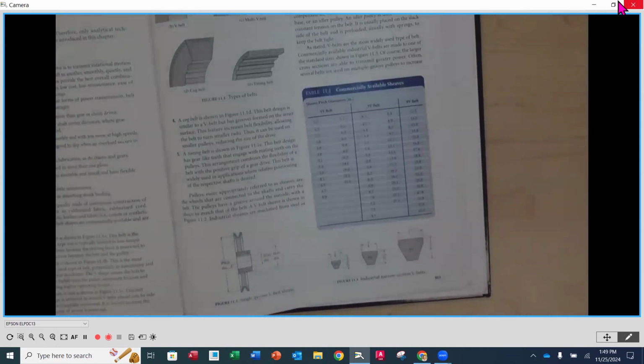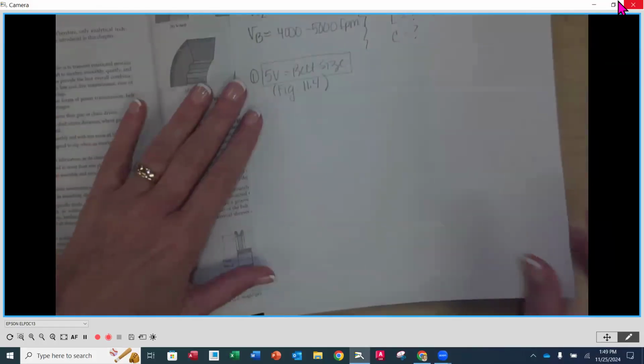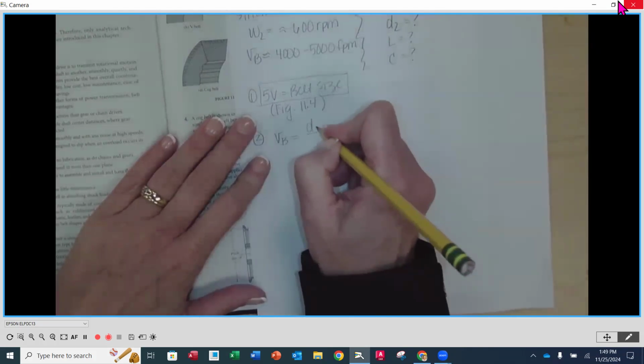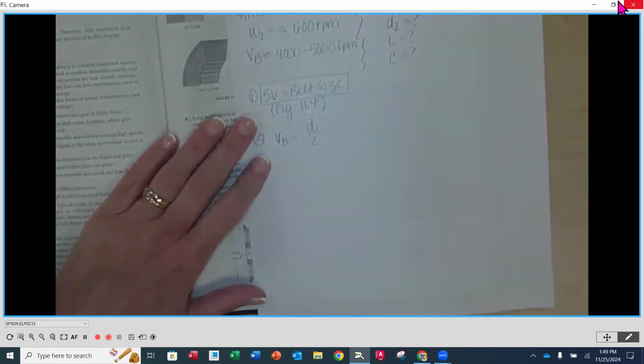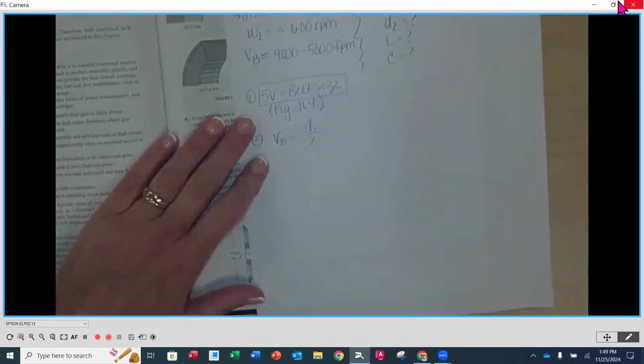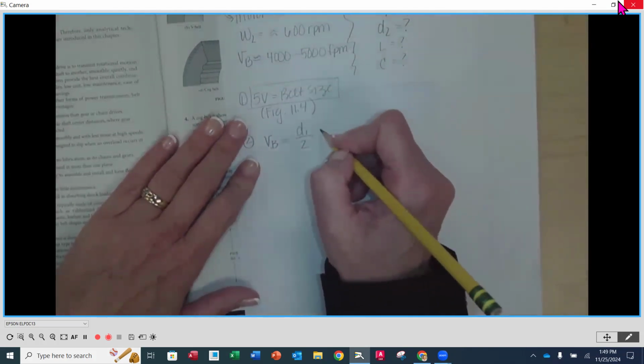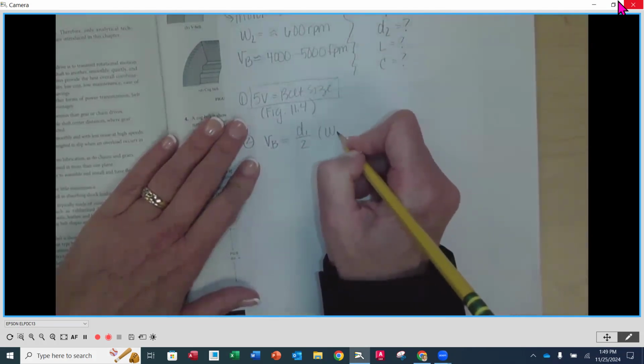So let me go back to over here. My step number 2 is going to be, I'm going to take that pitch line speed. It's going to be equal to D1 over 2, because that's the radius of the pitch diameter of the sheave that's going to be on the input, multiplied by W1.